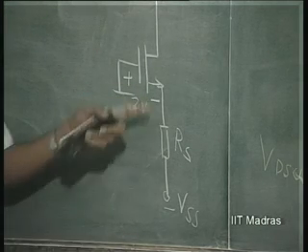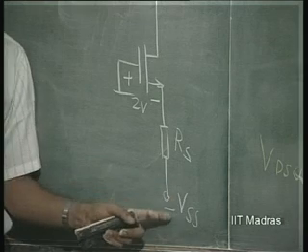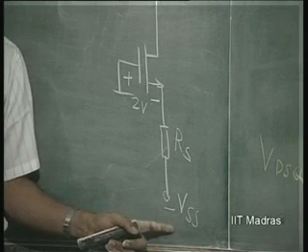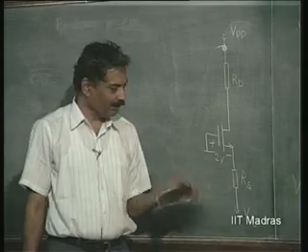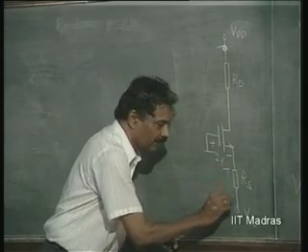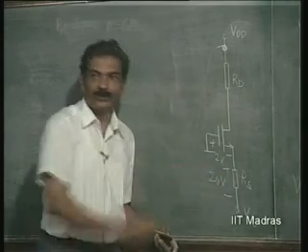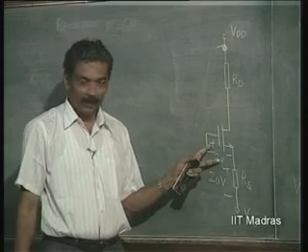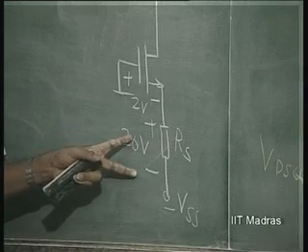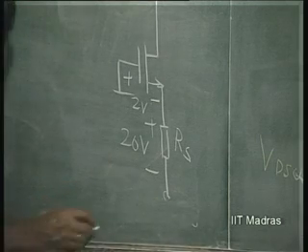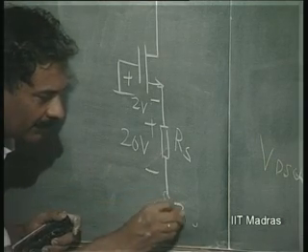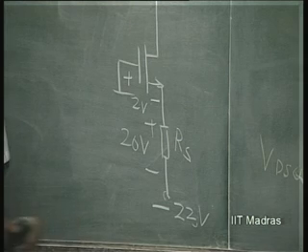Now, I have the choice of RS as well as VSS to get whatever current I want. So, obviously, now I will select this straight away as 20 volts. Let us say 2 volts is very small compared to 20 volts. So, VSS becomes automatically equal to minus 22 volts.